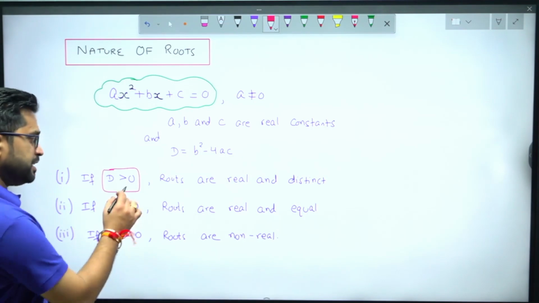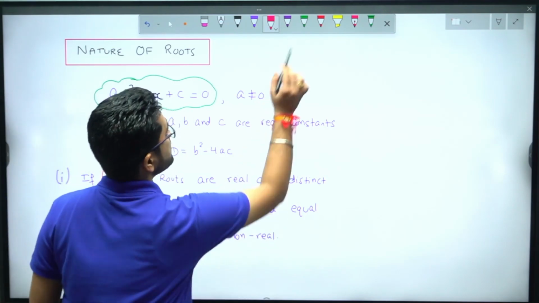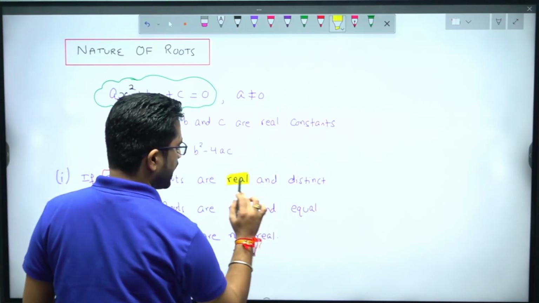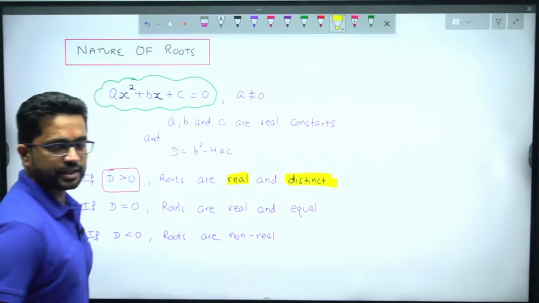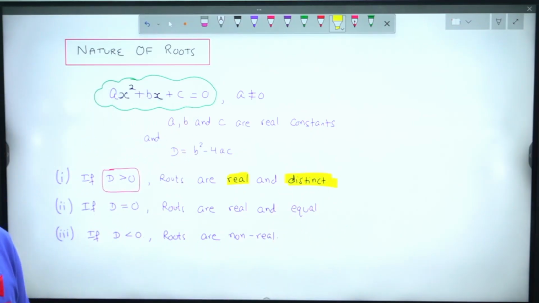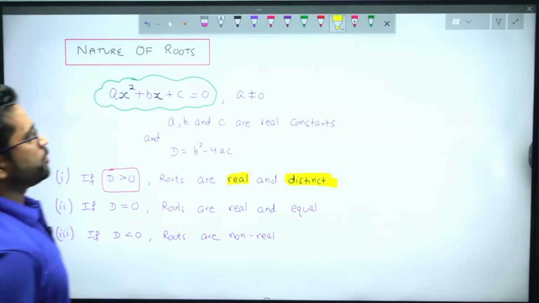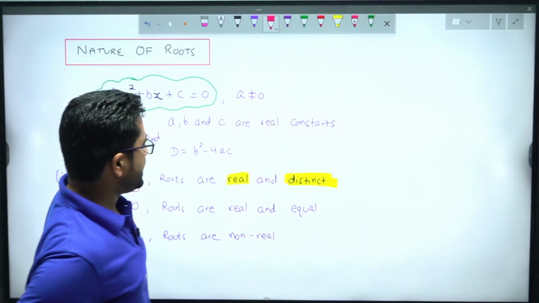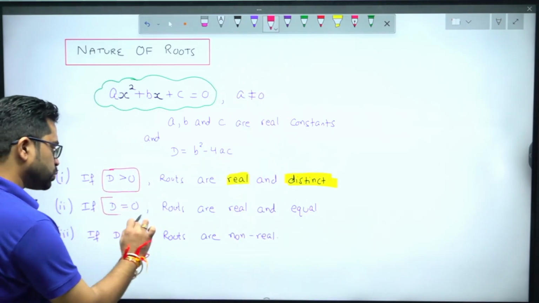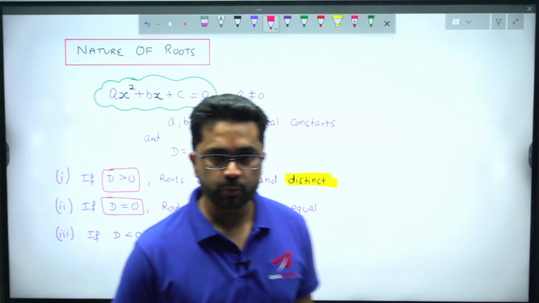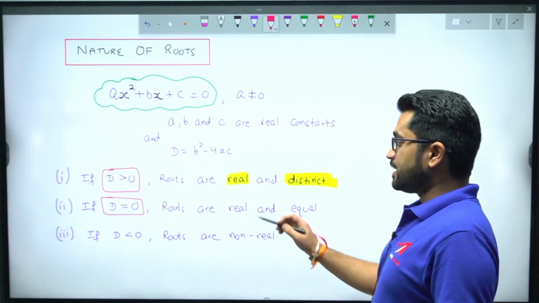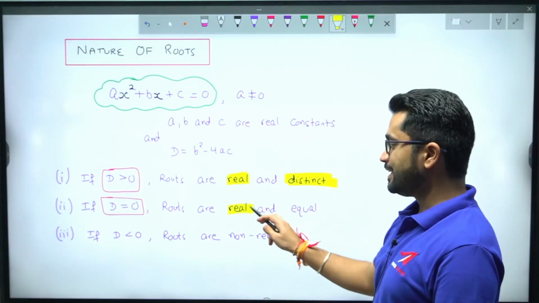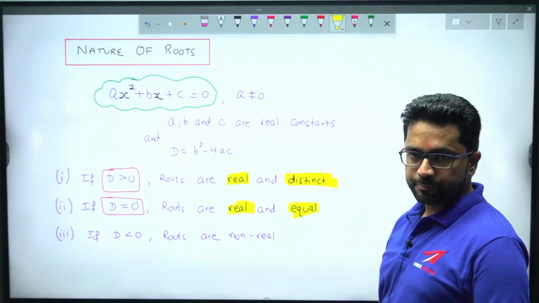Now, if discriminant is positive, then roots are said to be real as well as distinct. Real and distinct. Hurry up, please note it down. Okay, so in the next case, when discriminant equals 0, in this case roots are said to be real as well as equal. Very easy.